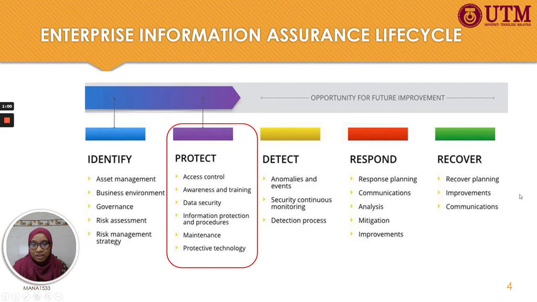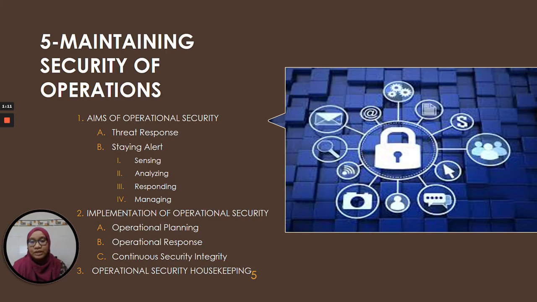Creating the SOP is part of the protection action for your organization to make sure it follows the correct way of securing all the assets and information within your organization. Okay, what is inside this security of operation? It consists of 3 main things. You need to know the aim, and how you can identify those alerts.